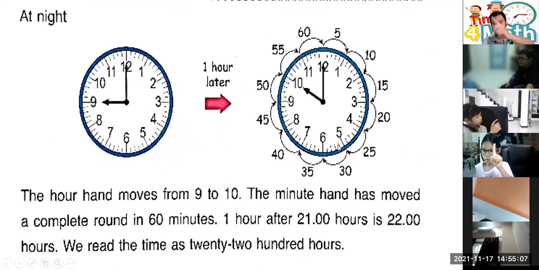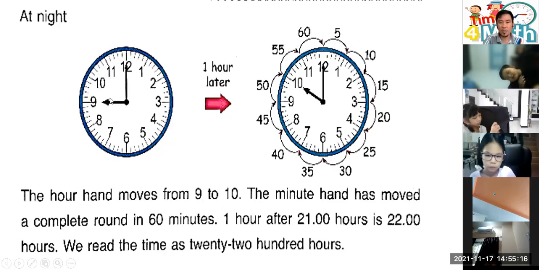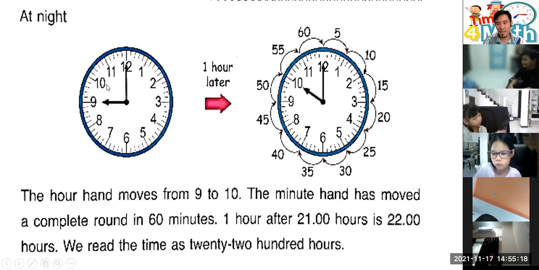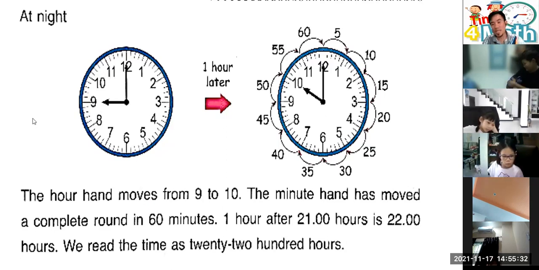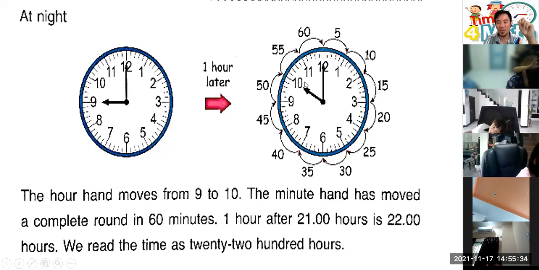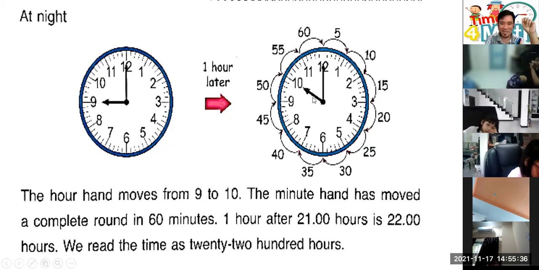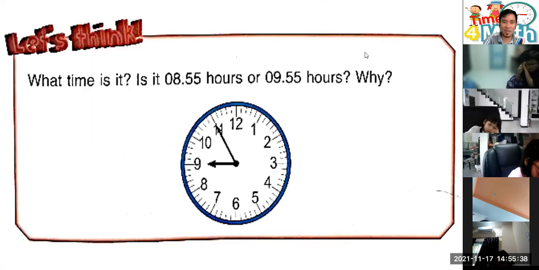So the hour hand moves to number 10, and we can read this as 2200 hours. From 2100 hours, move another 1 hour, it becomes 2200 hours.